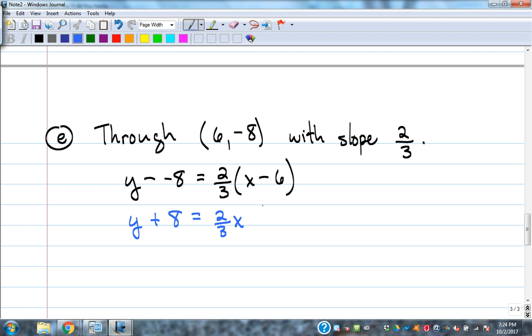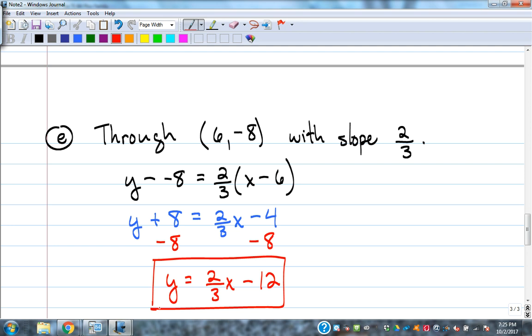Two-thirds x minus, what's 2/3 of 6? 4. And then get y by itself. One more step, -8. So y = 2/3 x minus 12. And there's our slope-intercept form from that.